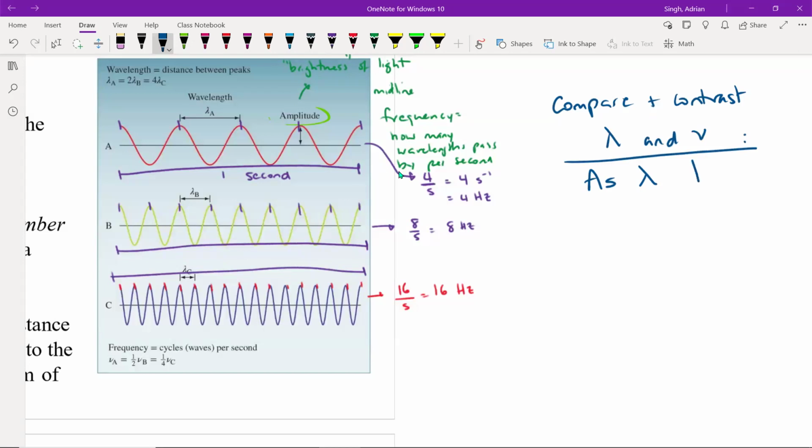Well, it's decreasing, it's going down. So as the wavelength goes down, what happens to the frequency? Well, the frequency goes up.